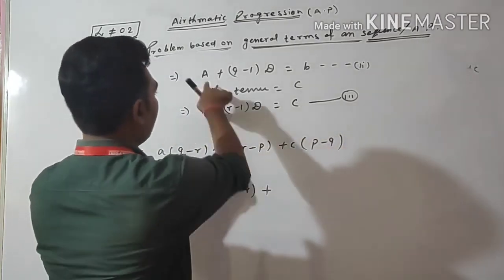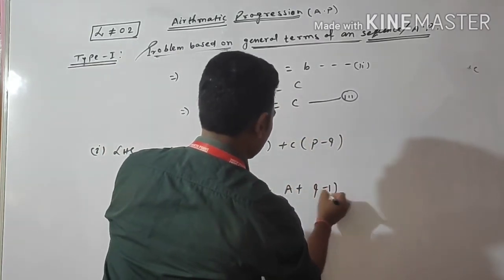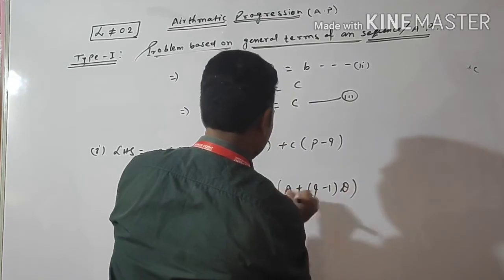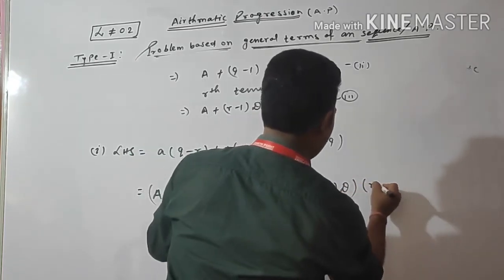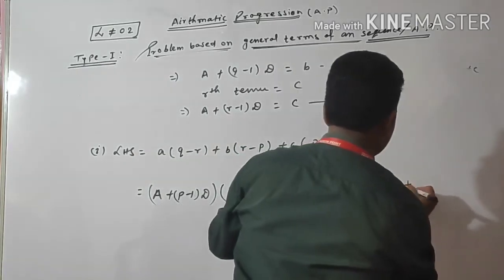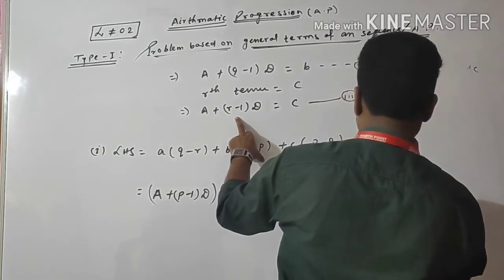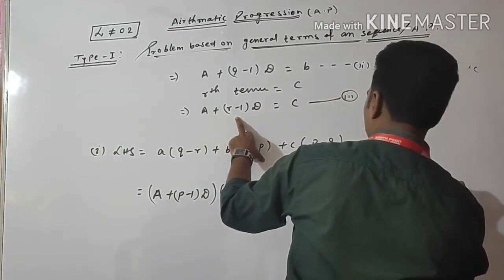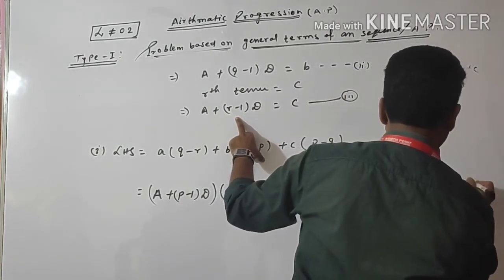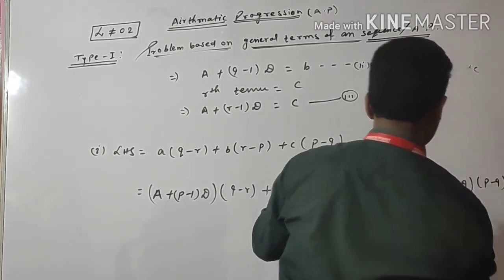In place of b we are putting A plus q minus 1 into D, into r minus p. Again the last term c. In place of c we put A plus r minus 1 into D, into p minus q.